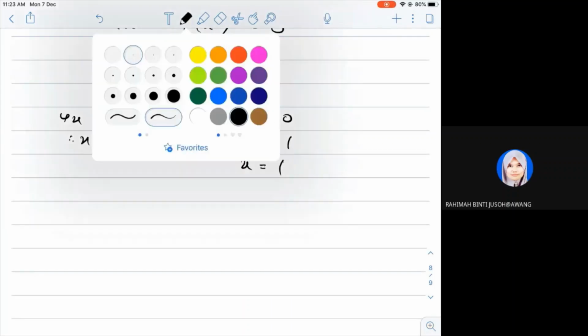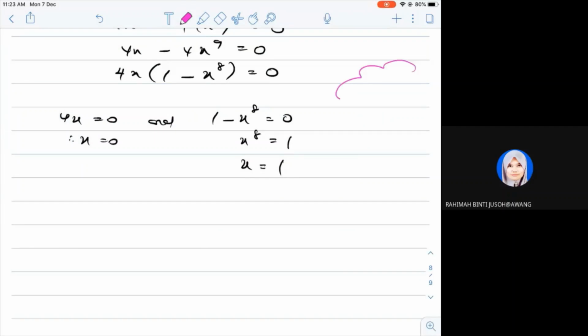Kalau you pakai calculator kan, kalau let's say 1 to the power of 8, you got 1, isn't it? Kalau negative 1 to the power of 8, did you get 1? Cuba tekan calculator. Negative 1 to the power of 8. You dapat 1 tak? 1. Yes, equals to 1. Therefore, x also can be negative 1.